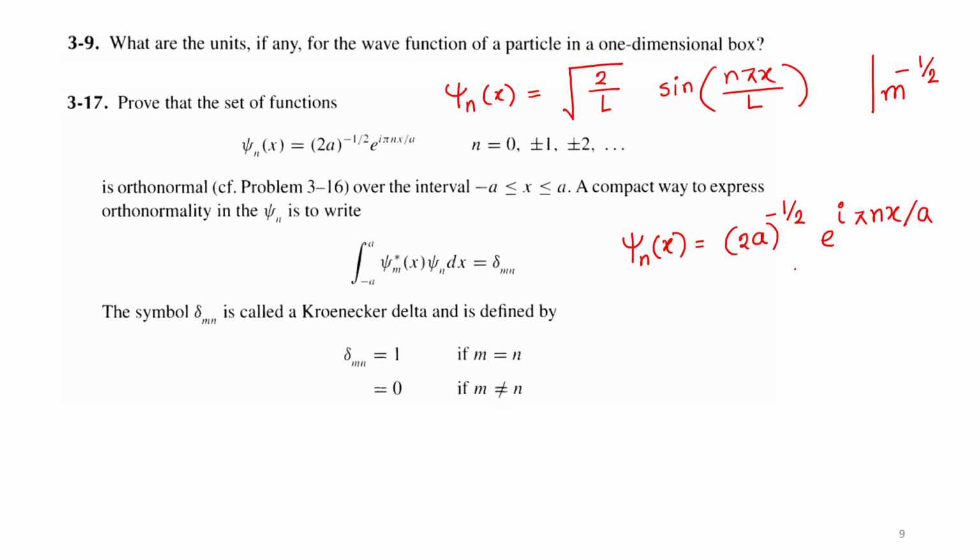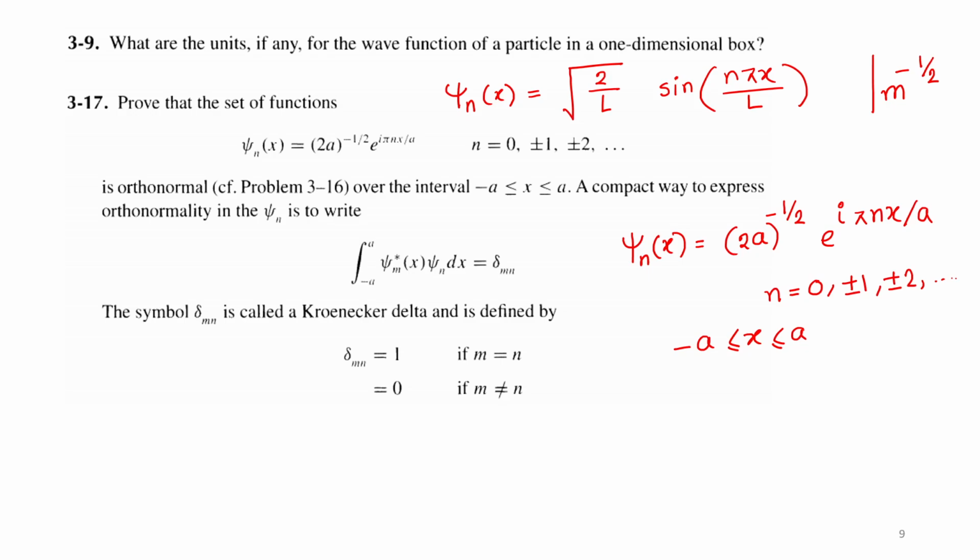This is given, where n can be 0, plus minus 1, plus minus 2, and so on. We need to prove that this is an orthonormal set of functions over the interval minus a less than or equal to x less than or equal to a.